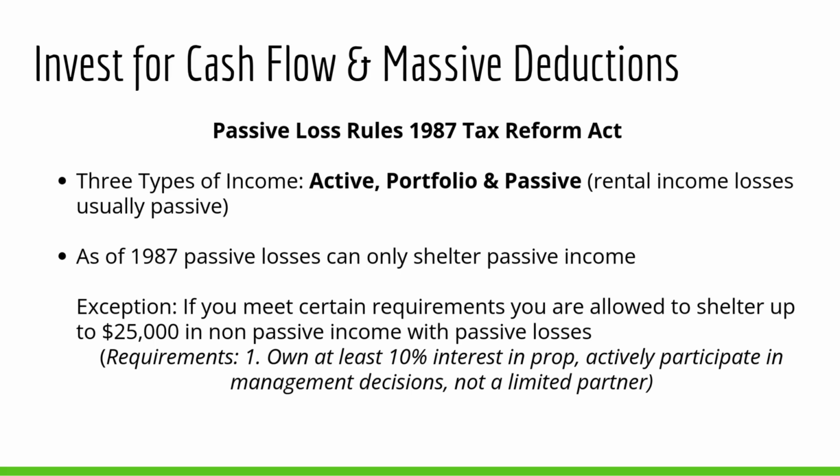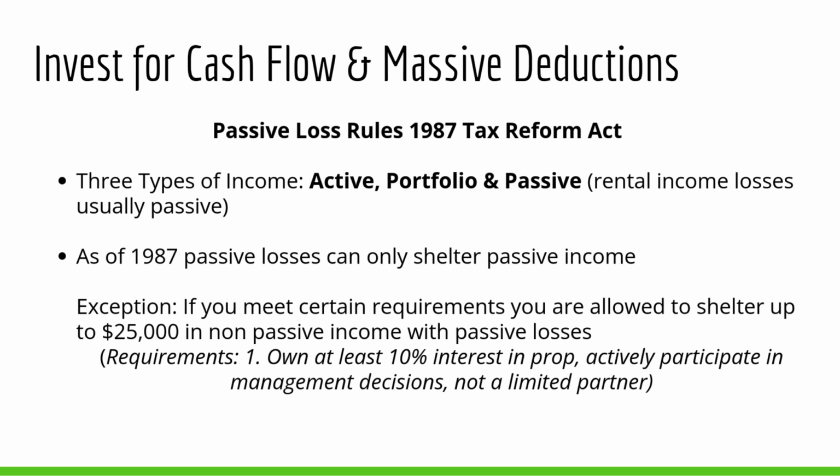So for example, let's say you're a cop, but you also own real estate. They limit your ability to reduce your income from being a police officer with your income from your real estate investment because they look at them as two different types of income. One is active, one is passive.